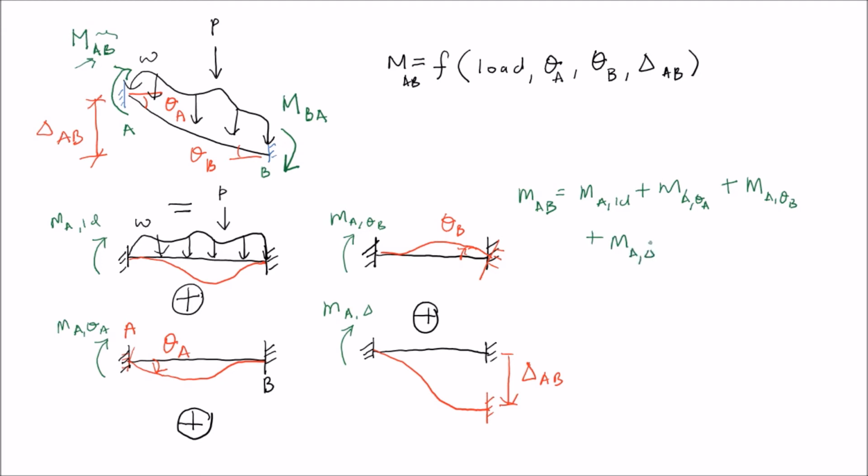So we are going to get what each individual value is and then add them together to get the actual moment. Now in order to get each individual moment due to each effect, we are going to use the method that we already know, which is called the force method.